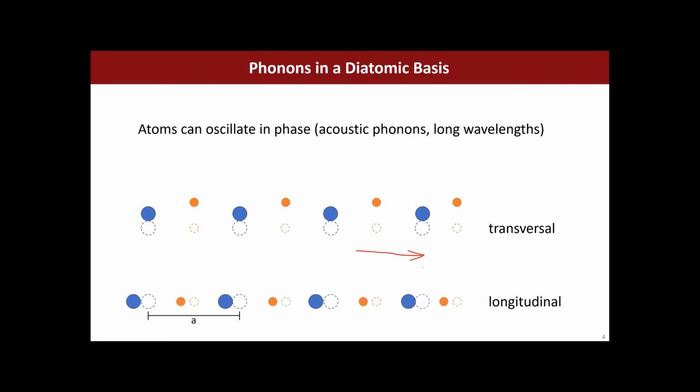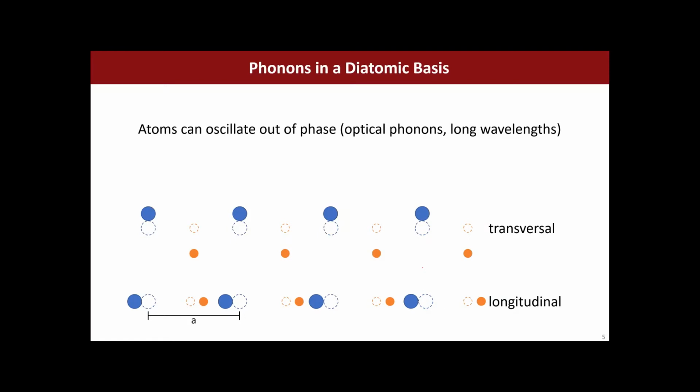These are called acoustic phonons because they behave similar to a sound wave. When you imagine a sound wave, they're all in phase. The other way is, of course, out of phase. If there's something in phase, maybe we can also displace something out of phase. And here again, we have transversal and longitudinal ways to move out of phase.